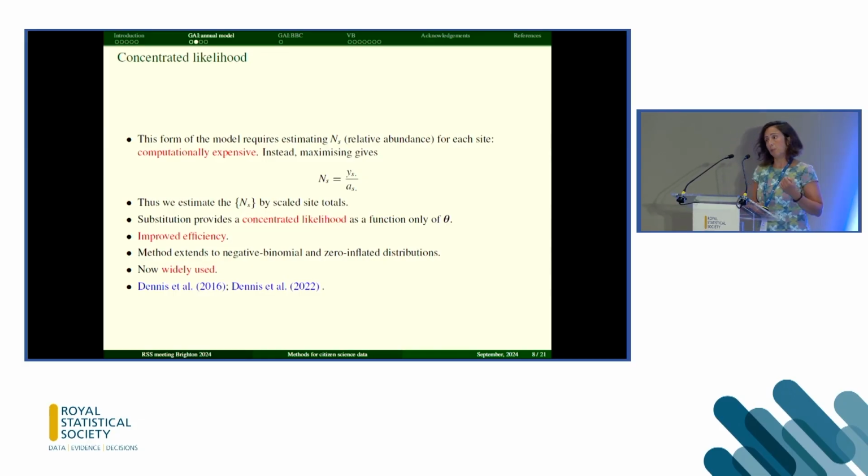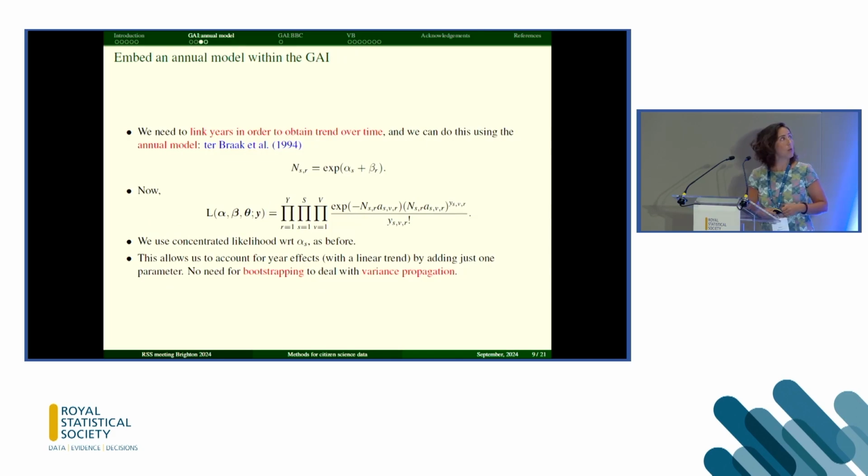However, a limitation of this approach was that it required fitting the model to the data separately each year and then using a kind of post hoc analysis for obtaining trend. So instead, what we proposed in this paper that we're discussing today is introducing a model for the site and now also year-specific abundances that is a function of a site effect and of a time effect or year effect.